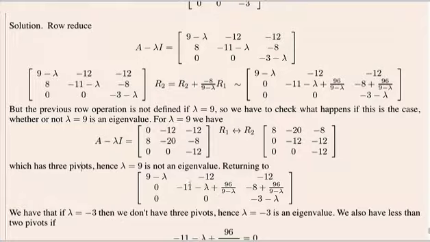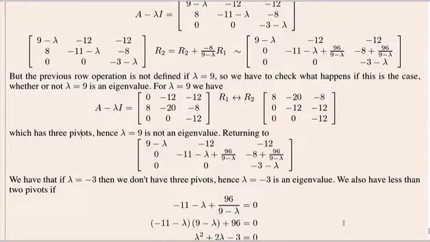Maybe we have 2 or even fewer pivots. So lambda equals minus 3 is definitely an eigenvalue. We also have fewer than 3 pivots if this 2-2 entry is 0. Then we have 1 or 2 pivots, depending on what this lambda is, maybe just 1 pivot or at most 2 pivots.